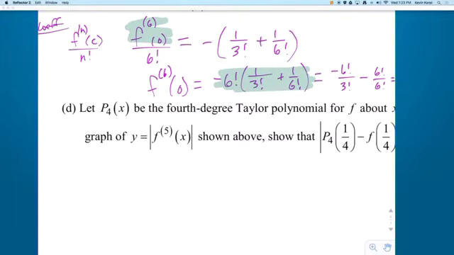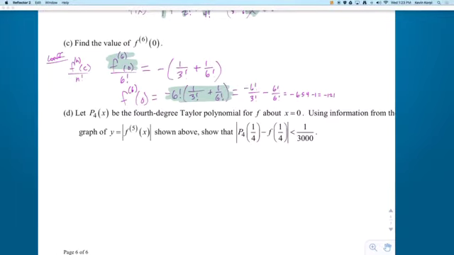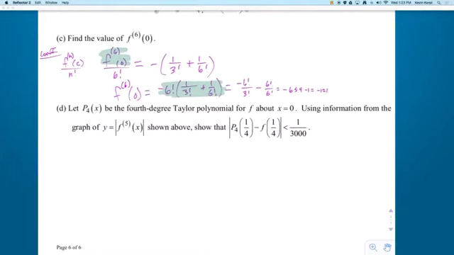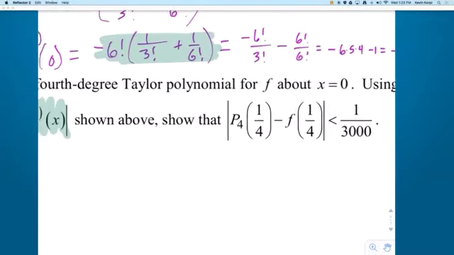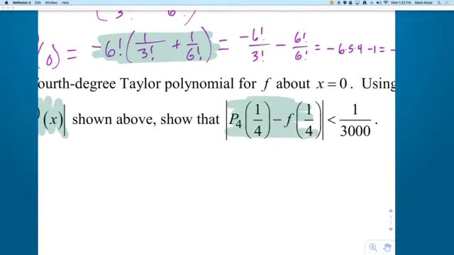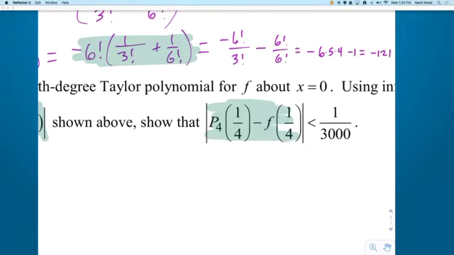Let P sub 4 of x be a fourth degree Taylor polynomial for f at 0. Let it be. All right. Using the information from the graph above, because we haven't used that graph yet, other than marveled at it, show that this is less than 1 over 3,000. So they're always going to allude to what the error bound is.